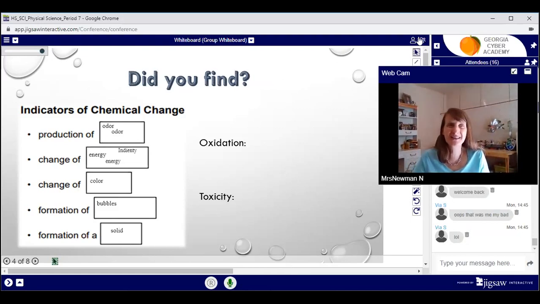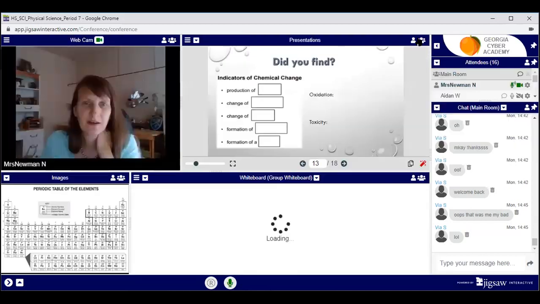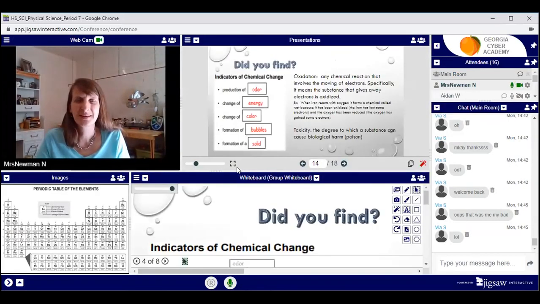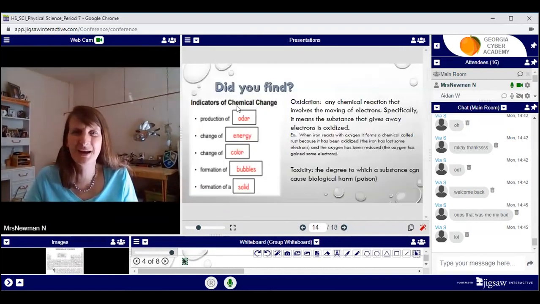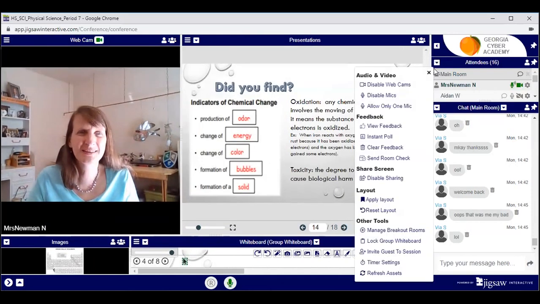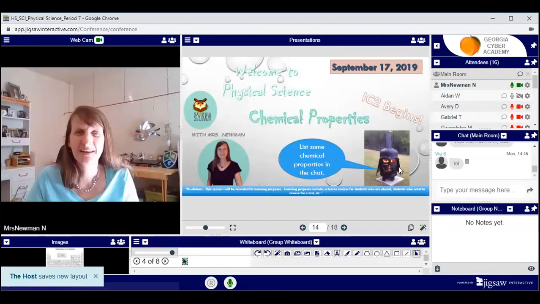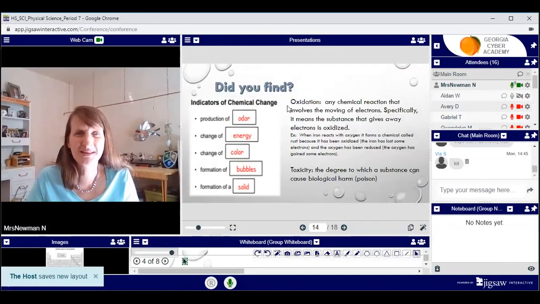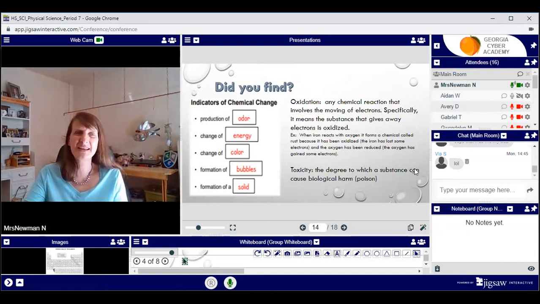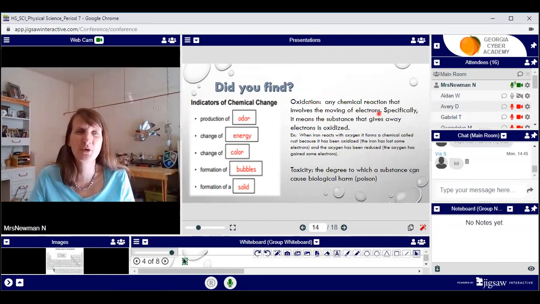All right, so oxidation and toxicity. Let me put those up then on the board. So we got all of the indicators, except for oxidation. That is any chemical reaction where the electrons are moved. And the substance that gives away the electrons, that's the one that's been oxidized.